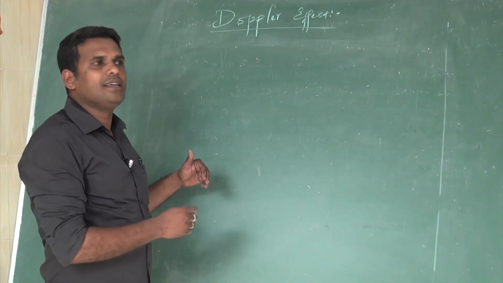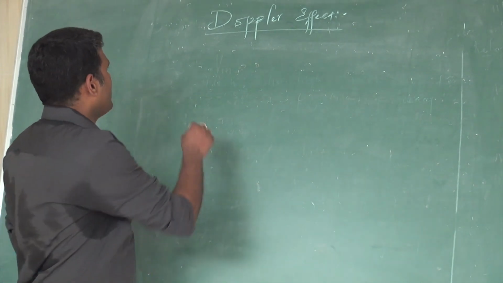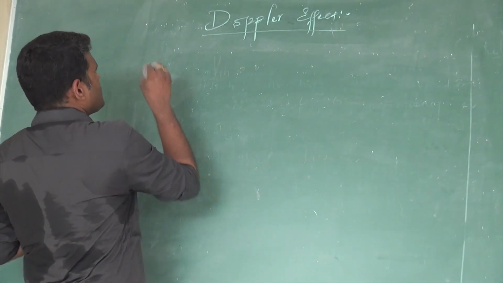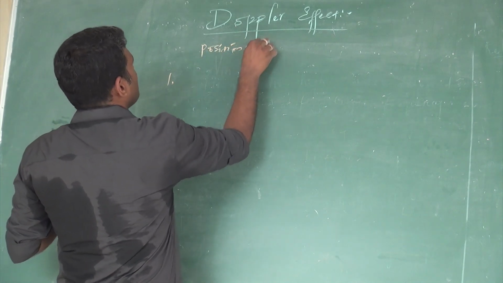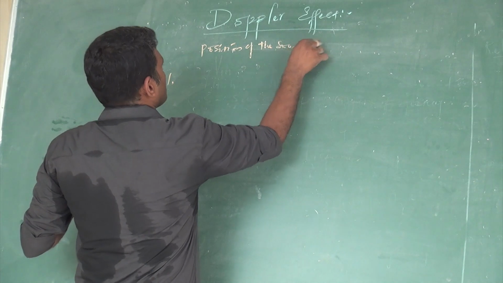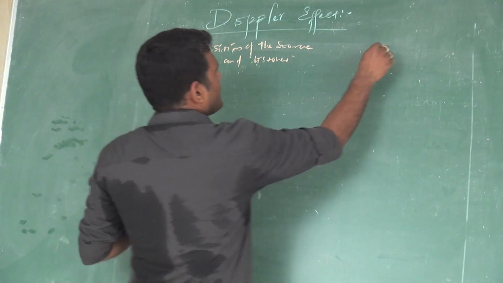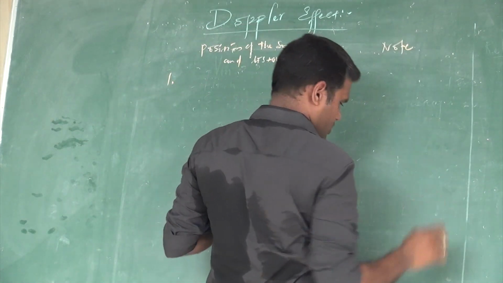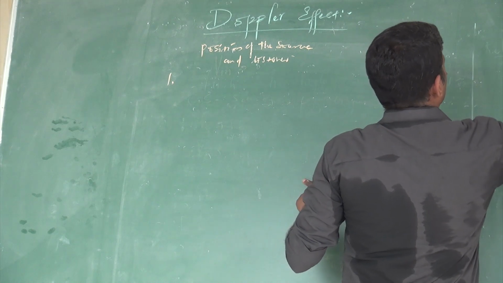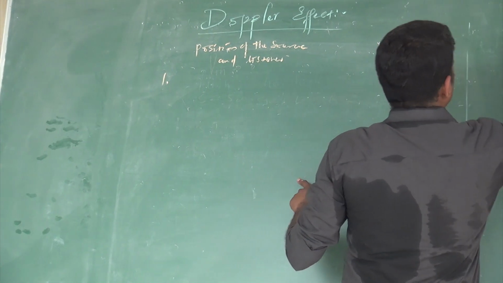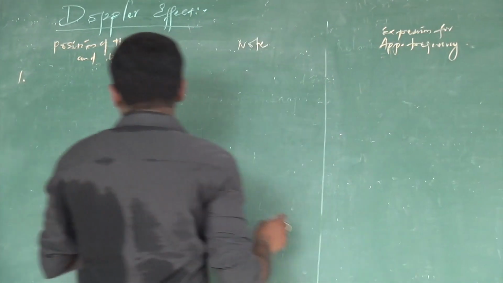Now we shall speak about the 8 different cases in Doppler effect. Before speaking about this, we can list out the position of the source and the listener. Then correspondingly we have to write the note. And third one, we can speak about the expression for apparent frequency.